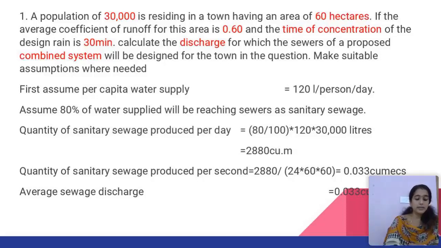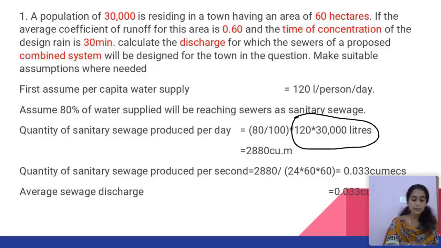Here in this question it is accepted as 120 liters per person per day. Then the total water demand will be 120 into 30,000, because the population is 30,000. Then the quantity of water supplied is 120 into 30,000 liters.